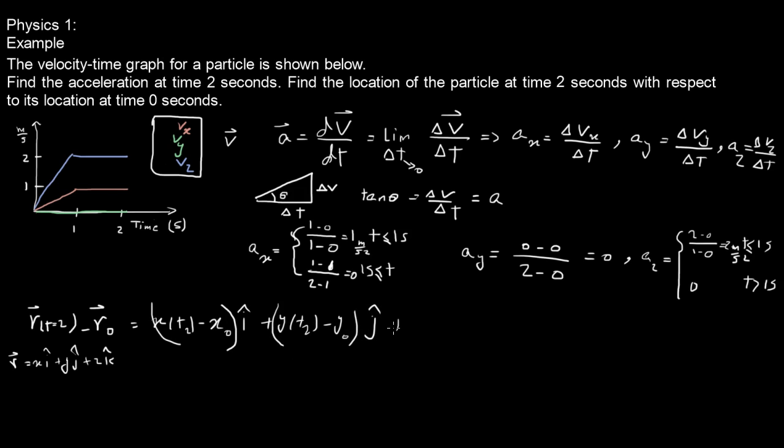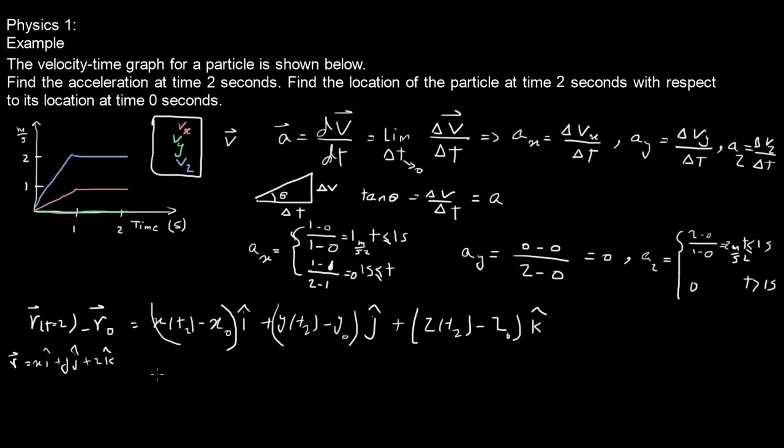J hat plus z at time t2 minus z naught k hat. So I will derive this component, then the rest is very similar. You can derive it yourself.